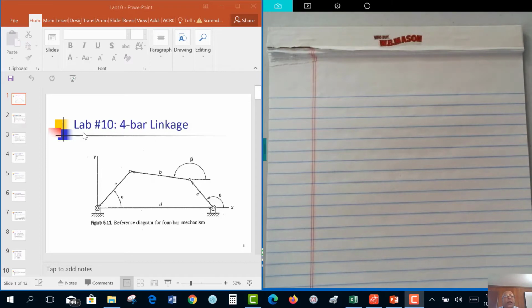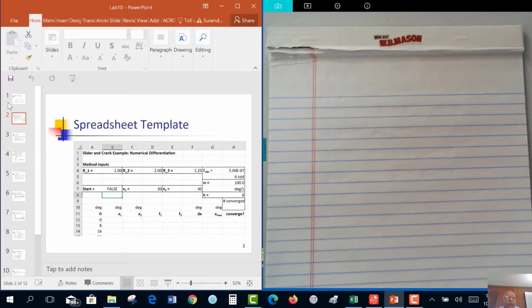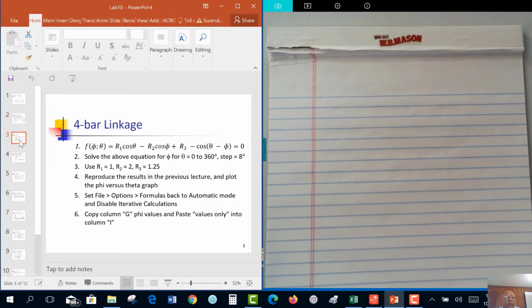Okay, so I hope you followed along what I was doing in lecture 29. We had this 4-bar linkage, and we set up this spreadsheet template to solve this problem. We had this transcendental equation in phi and theta.